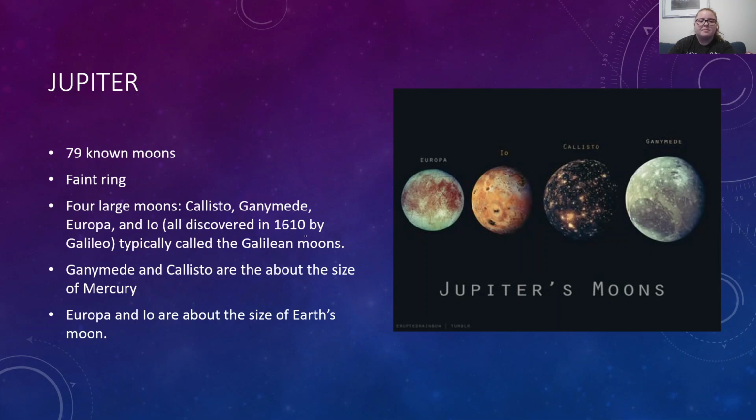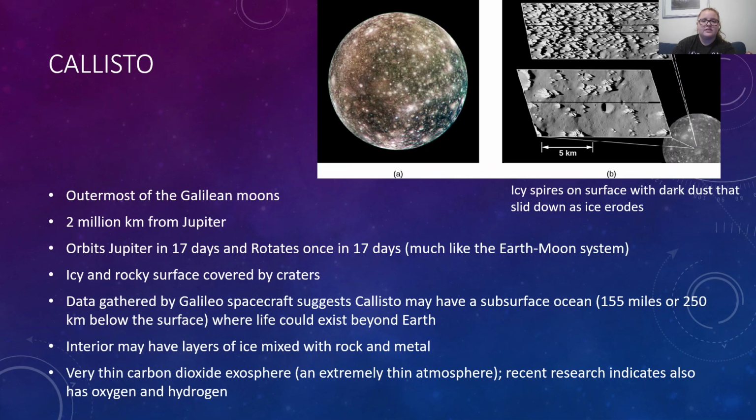All of these were discovered in 1610 by Galileo, and they are typically called the Galilean moons due to that. Ganymede and Callisto are about the size of Mercury, so we can compare these two on the right-hand side to the size of Mercury, and Europa and Io are about the size of Earth's moon. We are going to go greater in depth for these moons here.